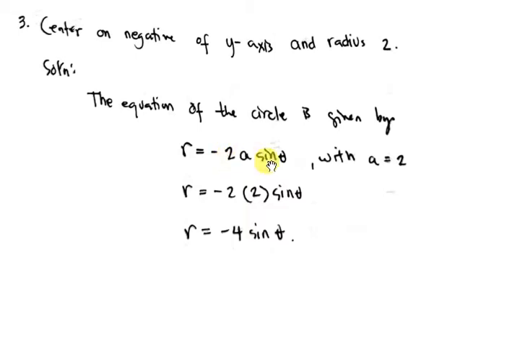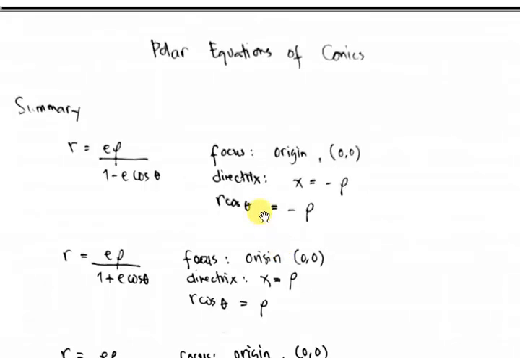Please follow the one in our worktext. Center on the negative y-axis and radius is 2. So this is negative 2a sine theta. The a is 2, so this will become 4. So r equals negative 4 sine theta. Now we'll go to polar equations of conics, and the summary.